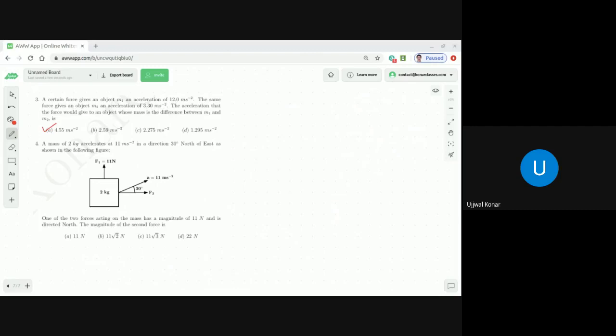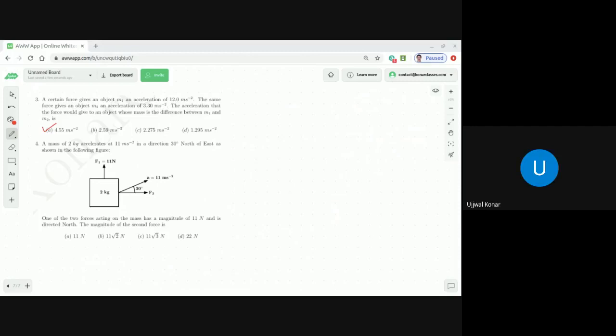You see, if you look at the mass M1, the equation we get is F equal to M into 12. Correct, no?